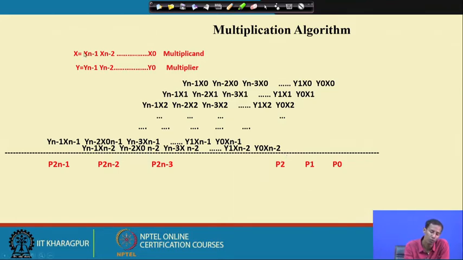At that time, if I multiply x of 4 bit with y of 4 bit, the product will be n plus n, which is 2n. That means, in this case the product will be 8 bits. So, that is why you see there is 2n, from p0 to p 2n minus 1.